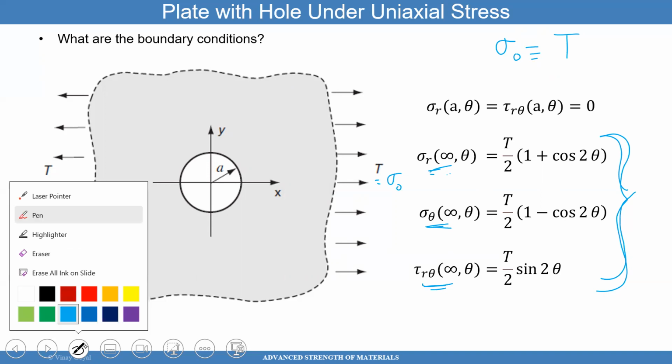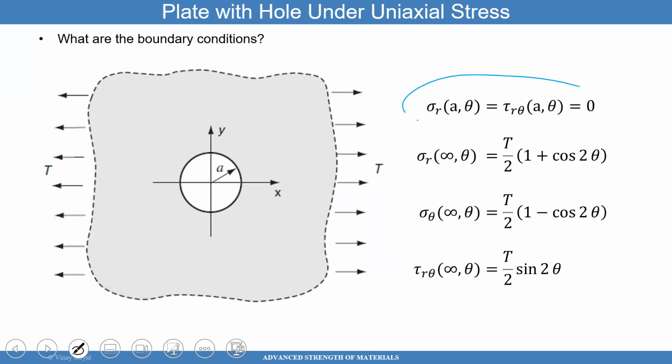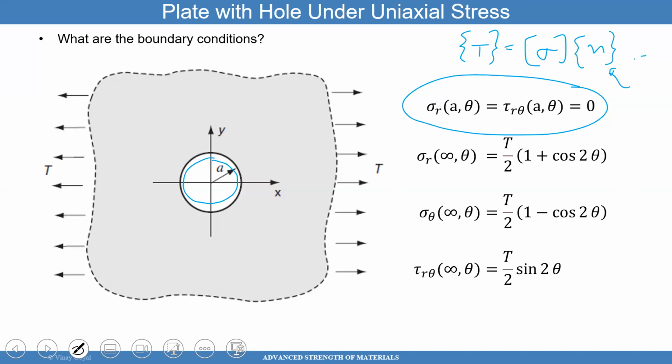The second thing you notice here is that I have this condition here. And what is that condition saying? That condition is saying that at the hole here, I'm not applying any pressure. Because I'm not applying any pressure, there are no tractions there. So I can use Cauchy's relationship, which states that the tractions equal the stress times the normal to the surface, and in the polar coordinate system, n is (1, 0), and the tractions are 0 because I'm not applying any pressure inside.